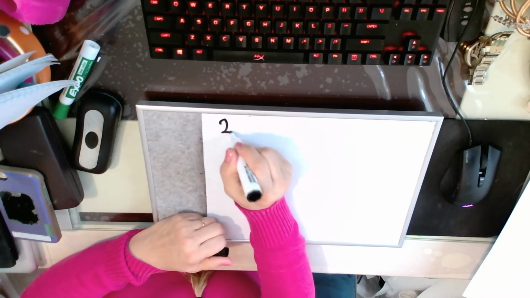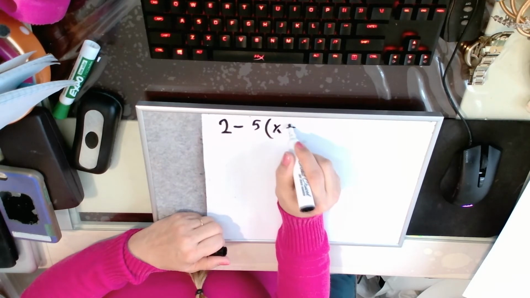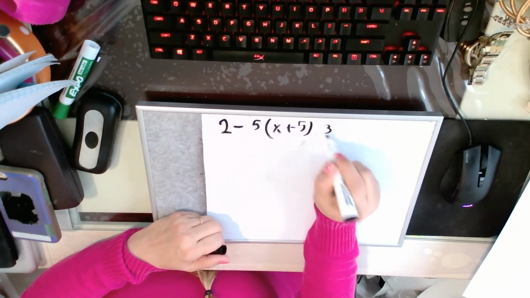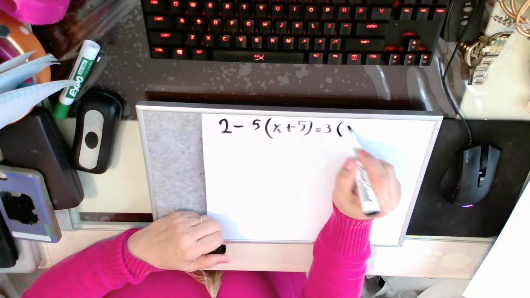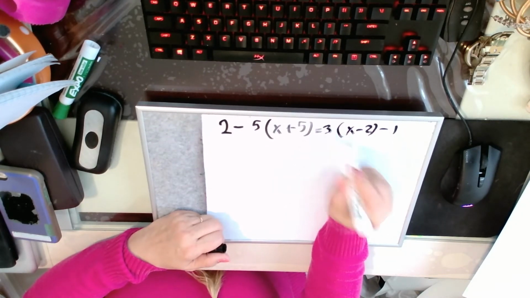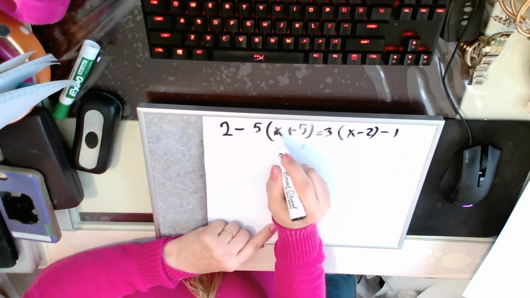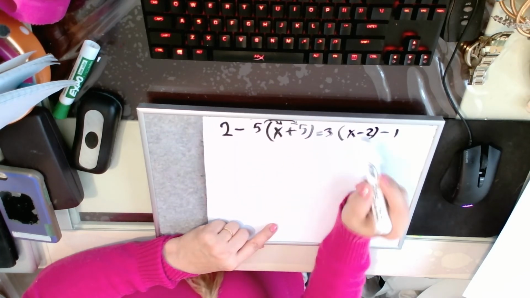2 minus 5 parentheses x plus 5, equals 3 parentheses x minus 2, minus 1. Every time you see multiplication with parentheses, you will distribute the number on both terms.